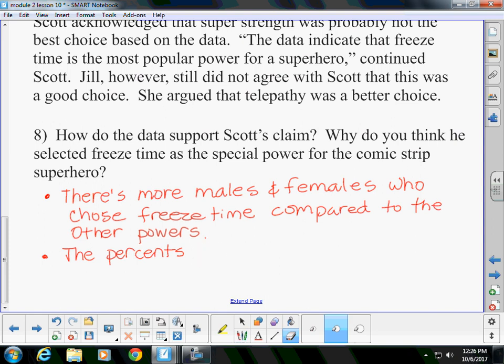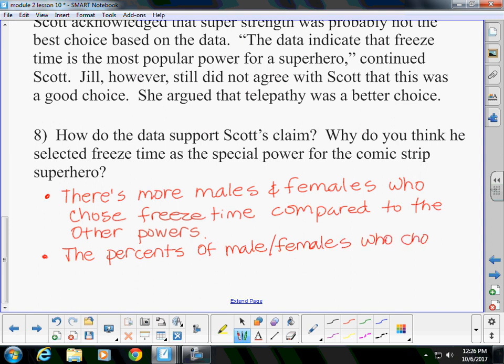The percents of males and females were close together. Those are the two reasons I think the data supports Scott's claim.